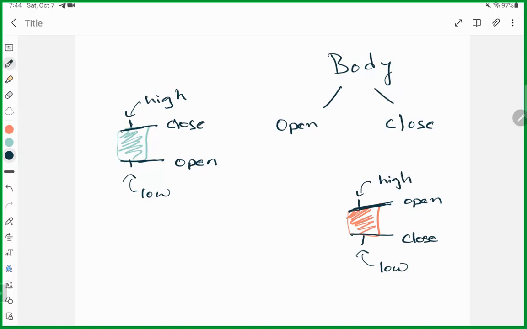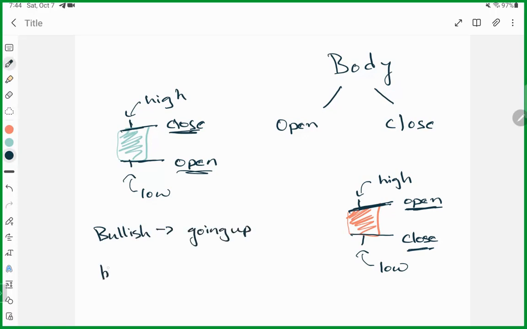Now, you might be wondering, why is the open higher than the close on a bearish candle, and why is the close higher than the open on a bullish candle? The explanation for that is quite simple. If we're bullish, that means that price is going up.